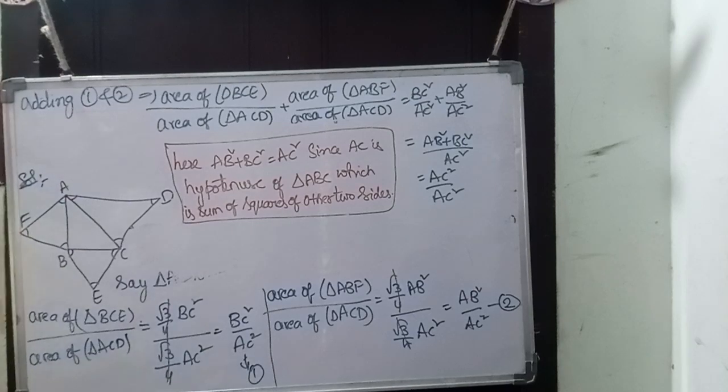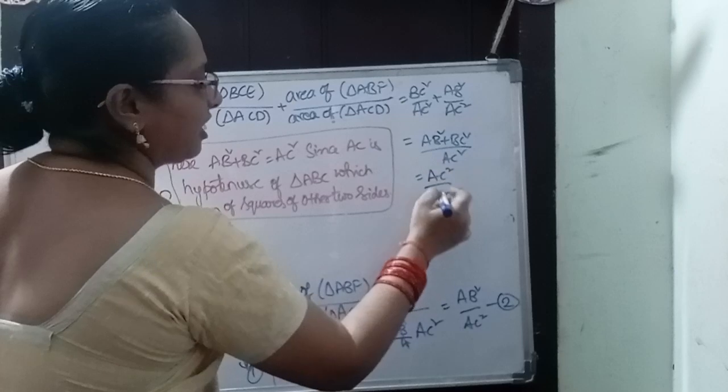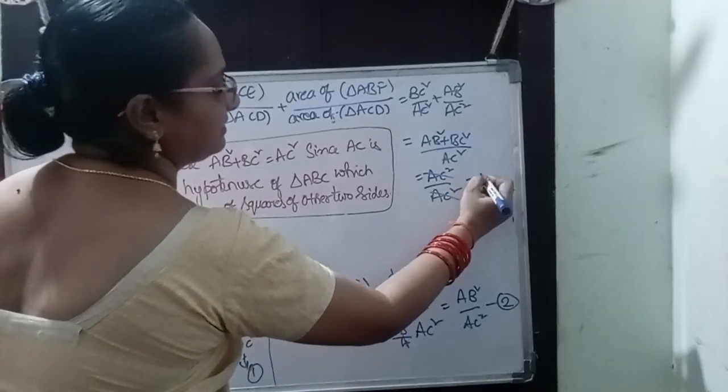That is the Pythagoras formula. So by that, these two get cancelled and 1 is left.